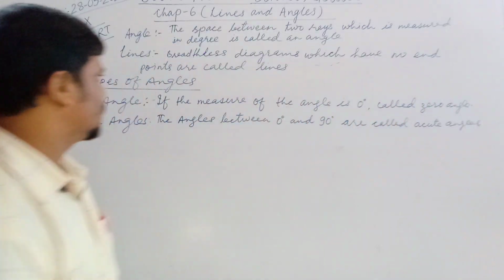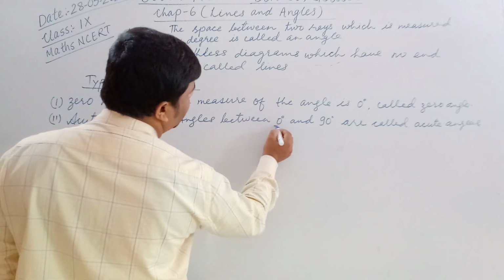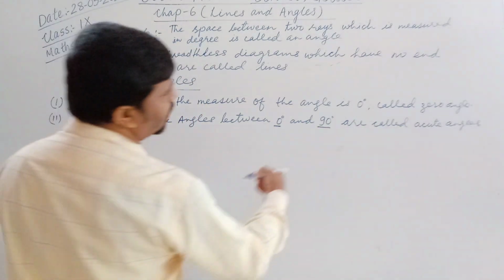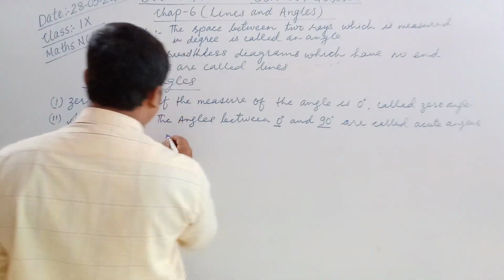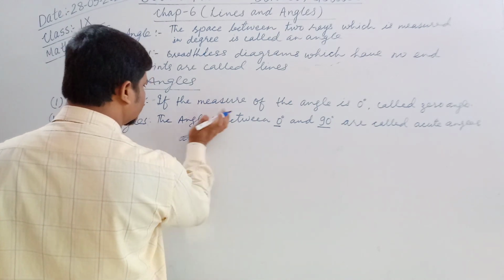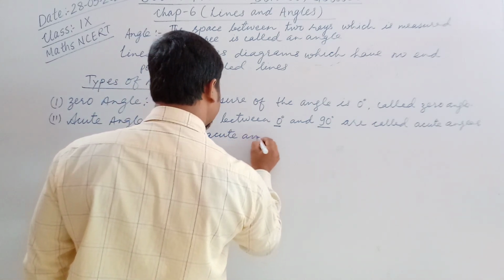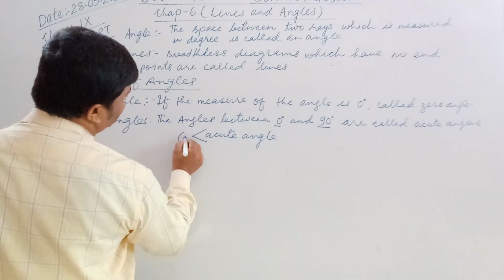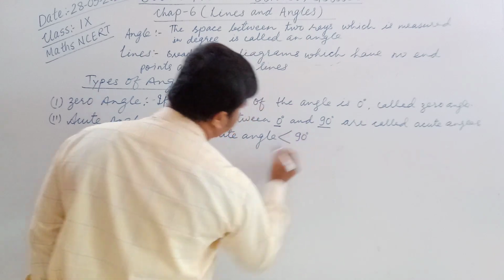Okay, an angle between 0 degree and 90 degree means the angle will be greater than 0 degree and less than 90 degree.